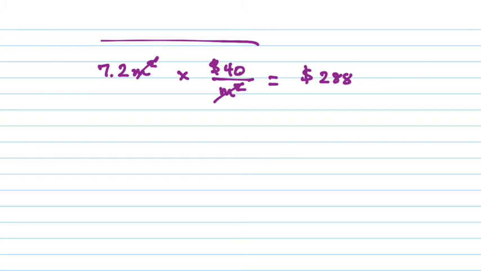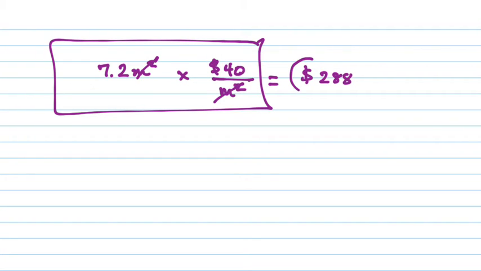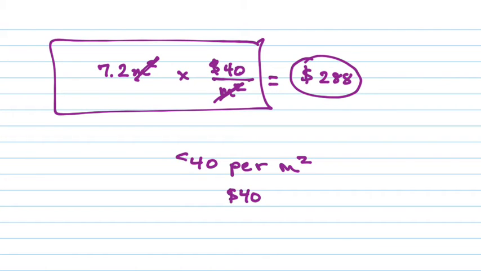Okay? Now again, you don't have to show this, but you need to understand that the meters squared are dividing away, because when you finish, do not write $288 meters squared, right? So be careful. So you may or may not have seen this before, but that's what's going on with it. Anytime you see that word per, $40 per meter squared is the same as $40 over meters squared.